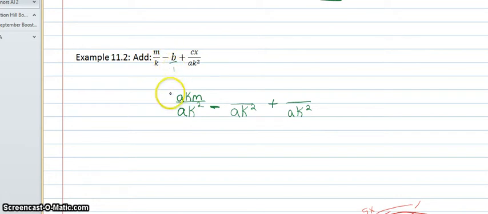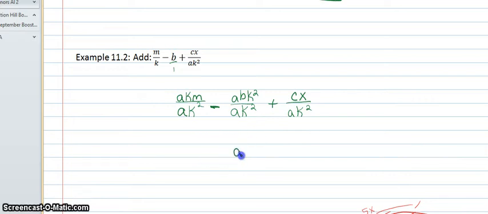So I need to multiply that by ak squared. So it's going to be a, b, k squared on top. Then for the third term, it already has the ak squared, so it's just going to stay cx because it already had the common denominator. It didn't need to change.